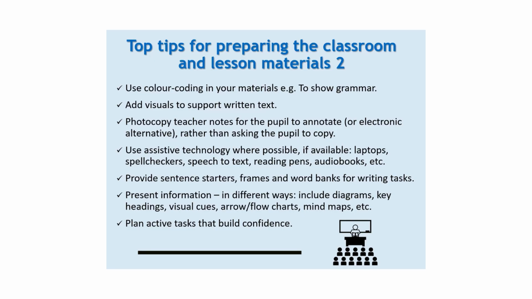Use assistive technology where possible and if available, for example, laptops, spell checkers, speech-to-text, reading pens, audiobooks, etc. Provide sentence starters, frames and word banks for writing tasks. Present information in different ways, include diagrams, key headings, visual cues, arrow and flow charts, mind maps, etc. And plan active tasks that build confidence.